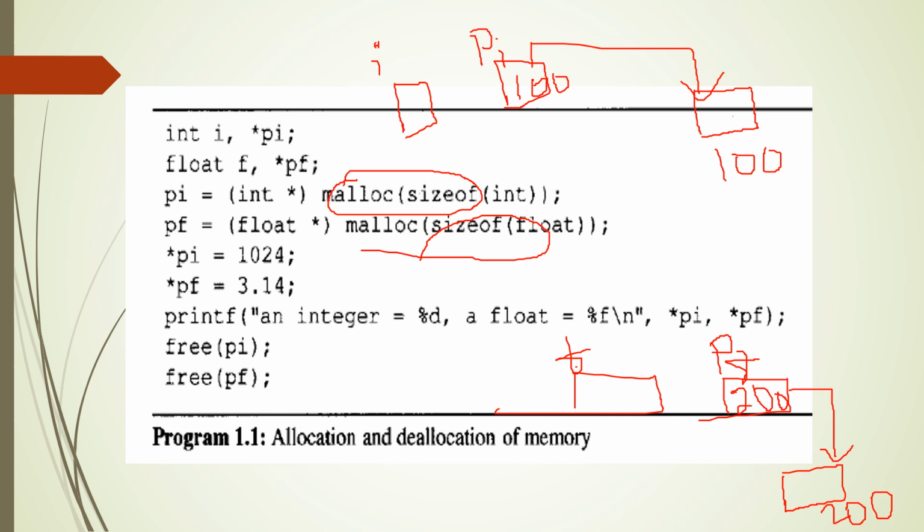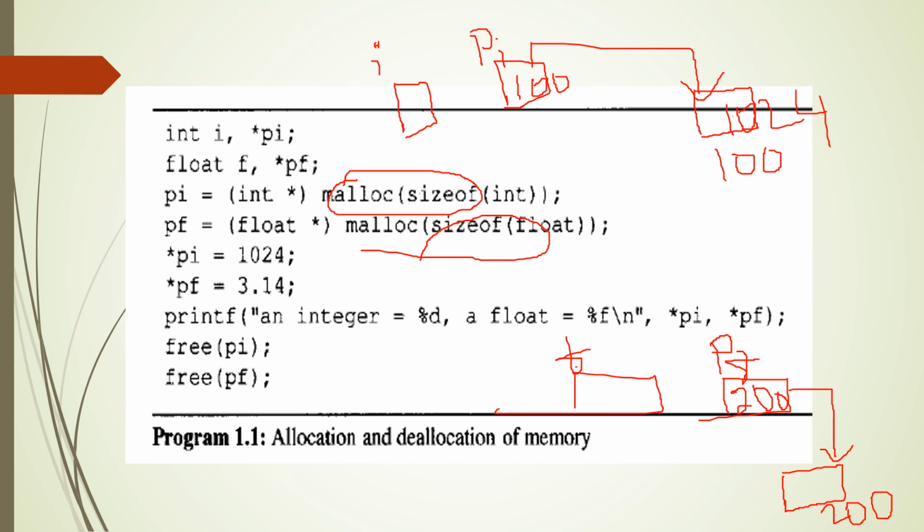And then if I write *pi = 1024, simply pi means 100, *pi means value at 100. So nothing is there in this memory location, so it will store 1024 to this memory block.